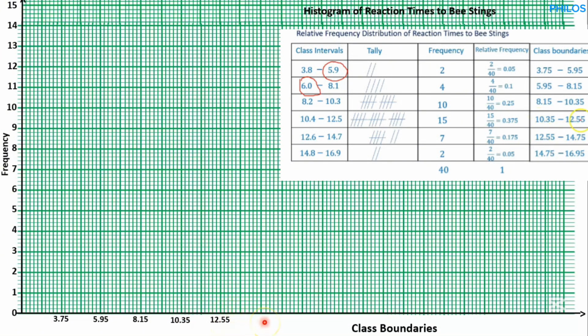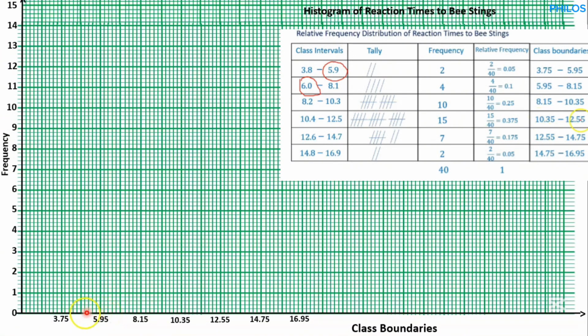The next class is 12.55 to 14.75, so we just write 14.75. And the next one is 14.75 to 16.95, so we just write 16.95. You get it?